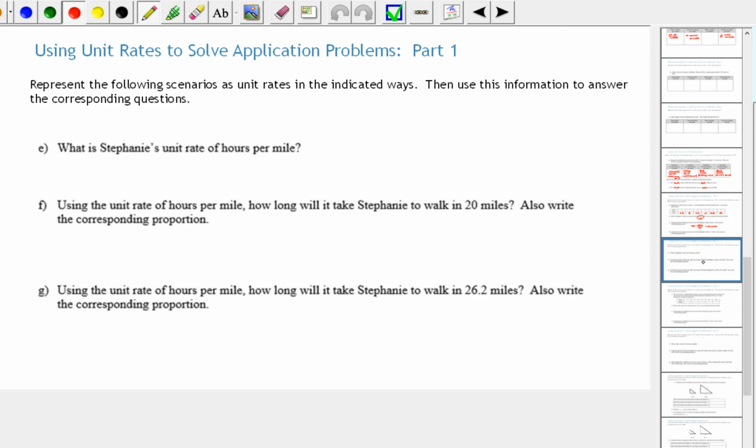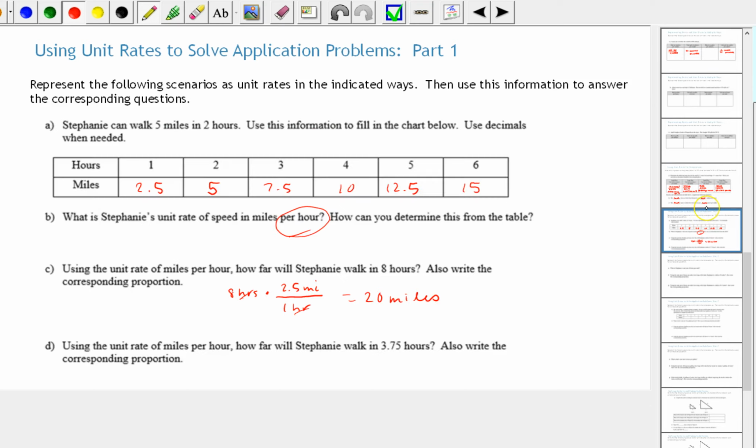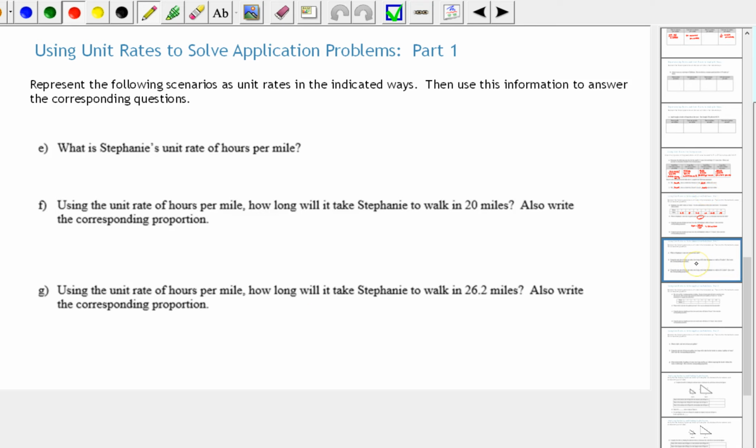And then here we flip it to a unit rate of hours per mile. So that would be hours per mile. We can flip it as 2/5 hours per mile. And again from the other rates, I don't think I talked about this. So this is 2 hours per 5 miles.